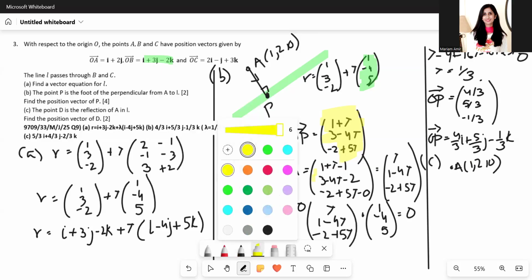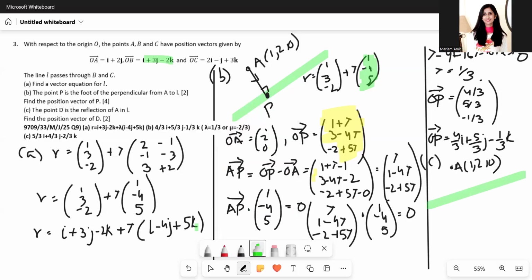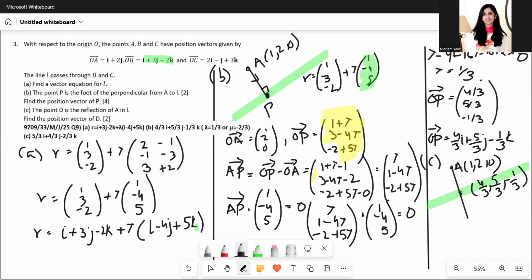And we already have the coordinates of the foot of perpendicular, which came out to be 4/3, 5/3, minus 1/3. Let's call this F, the foot of perpendicular. And they want the reflection of A along the line, and we will call this x, y, z.